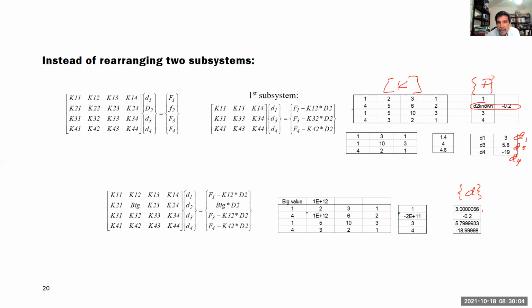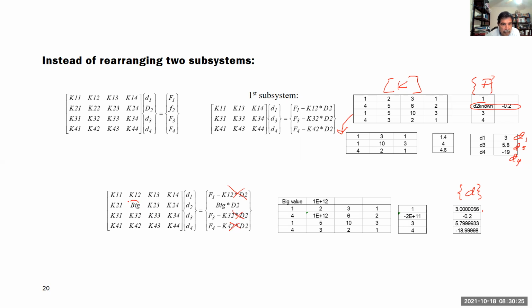So this is what we have done up to now. But I insist that in going from here to here, it's a mess. So instead of that, what you do is something like this. This is wrong, wrong, and wrong.